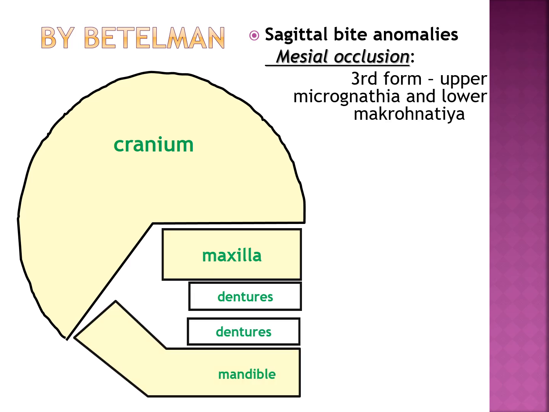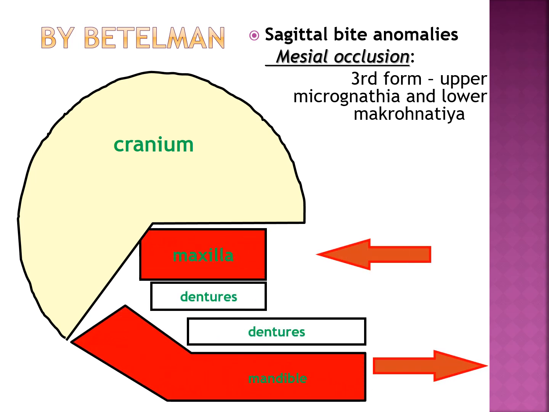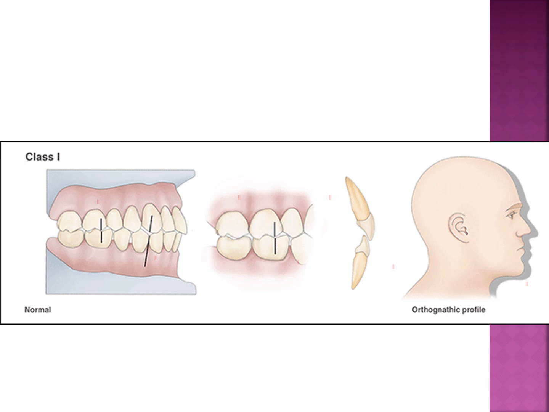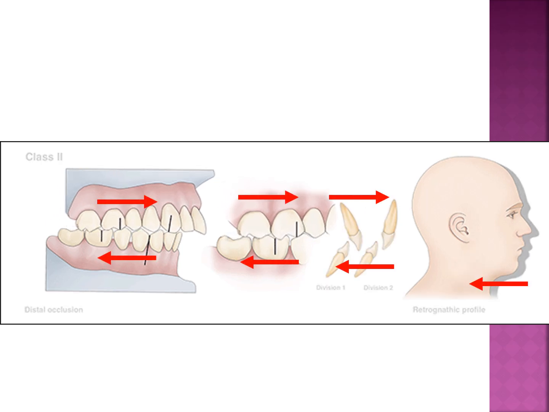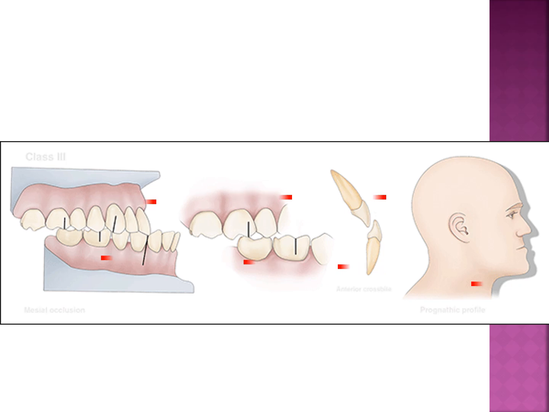And third form, combined, upper micrognathia and lower macrognathia. And really, this form of mesial occlusion is the most widespread. Let's see again. Normal occlusion, distal bite, distal correlation, and mesial bite, mesial correlation.